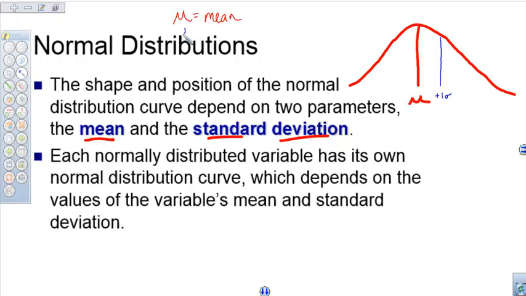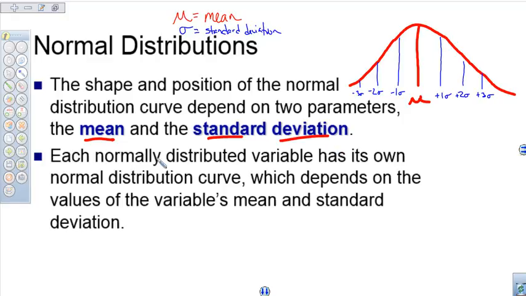Remember once again that symbol means standard deviation. Then we go up a little bit more, and that's +2 standard deviations, and a little more, +3 standard deviations. If we go down, it's the same process: -1 standard deviation, -2 standard deviations, and -3 standard deviations.